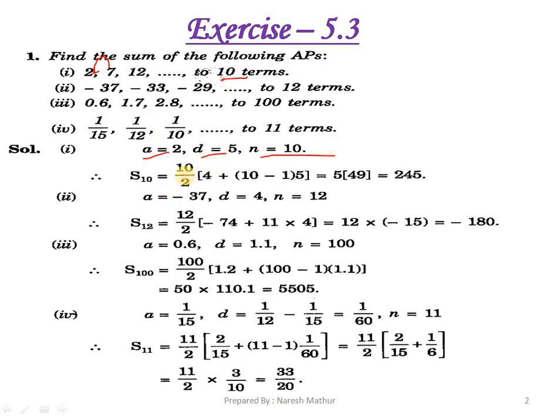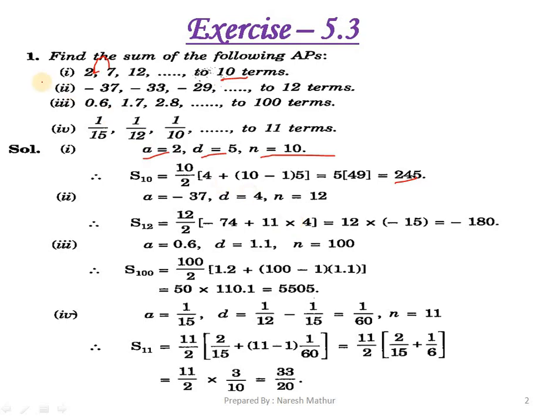Just put the values in the formula. n by 2, 2a, 2 into 2, 4, plus (n minus 1) into d. So after solving, we get the answer. This is the simplest form of any kind of question. We are given all the values, we just need to put the values.